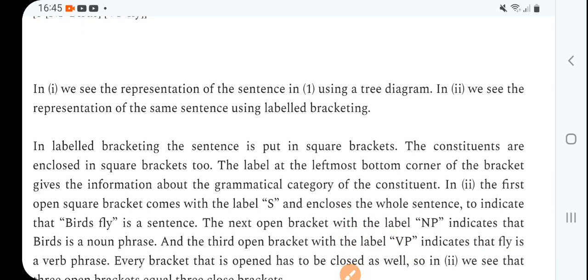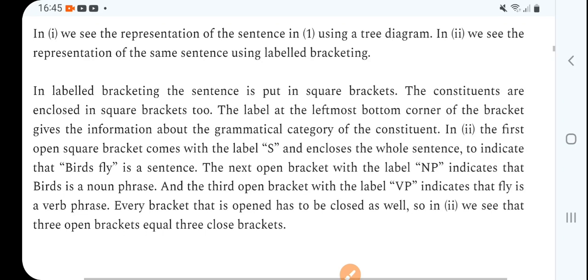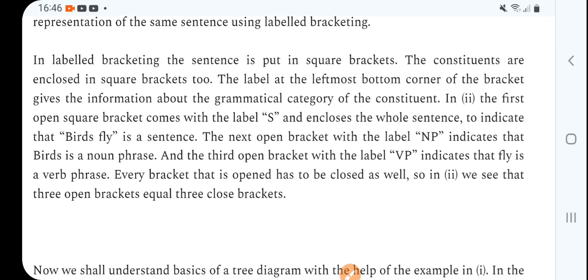In the first sentence we see the representation of the sentence using a tree diagram. Here the tree diagram we are not able to see, but we will try to understand what they are speaking. We see the same sentence represented in labeled bracketing. That is, in labeled bracketing the sentence is put in square brackets.